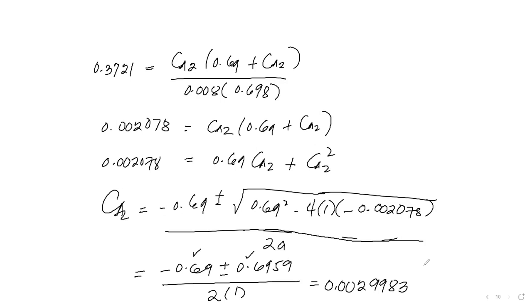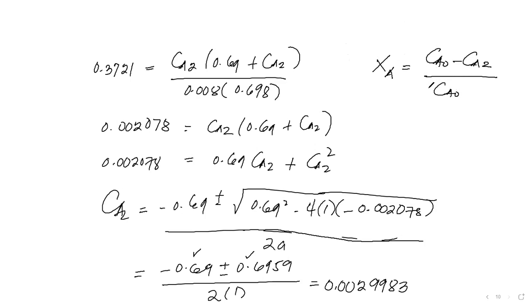If we know the Ca2, then we can find the Xa. So our degree of conversion is equal to initial concentration minus final concentration over the initial concentration, because this is referring to the degree converted.